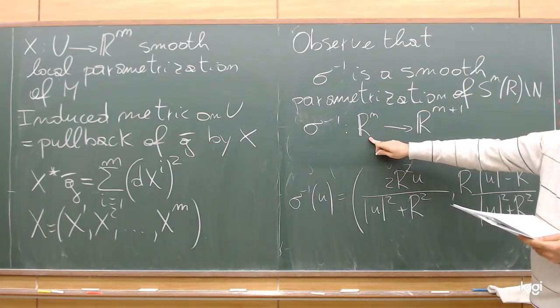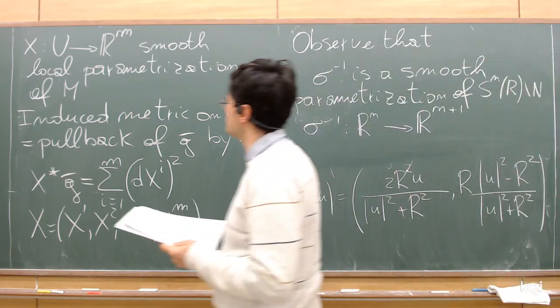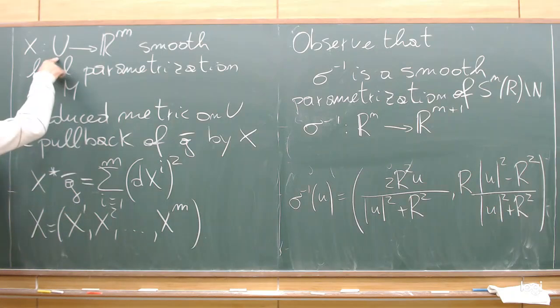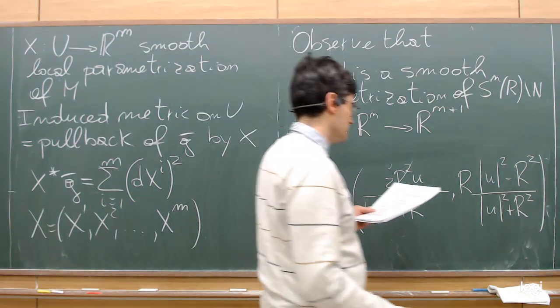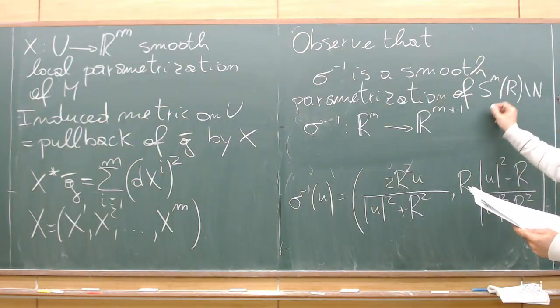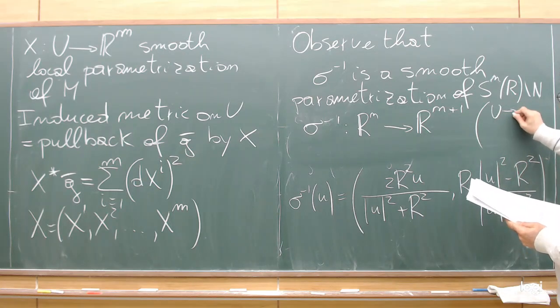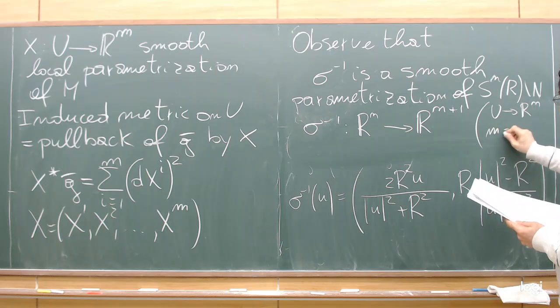So this plays the role of the open set U, and in this case we have that m is n plus 1.